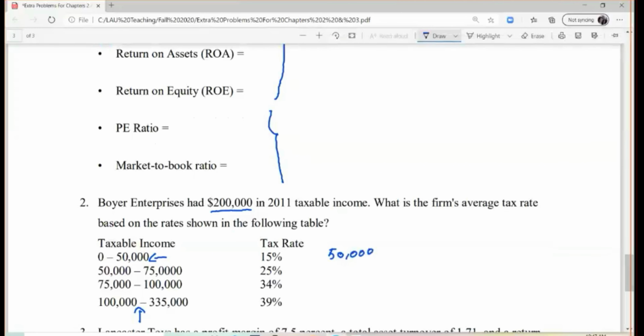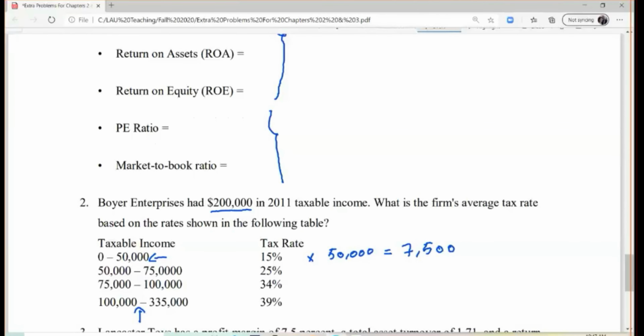I multiply the tax rate by that full tax bracket, 15% times 50,000, 7,500. Then for the second tax bracket, it's 75,000 minus 50,000, it's 25,000 times 25%. The answer is 6,250.